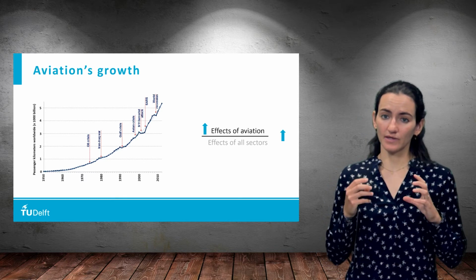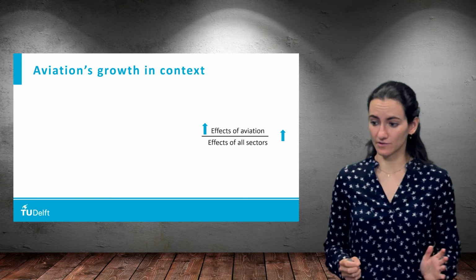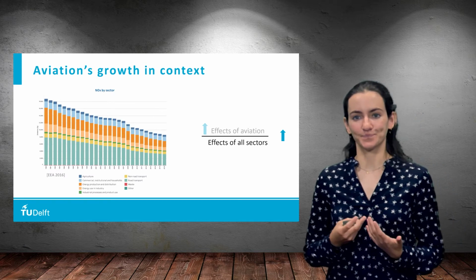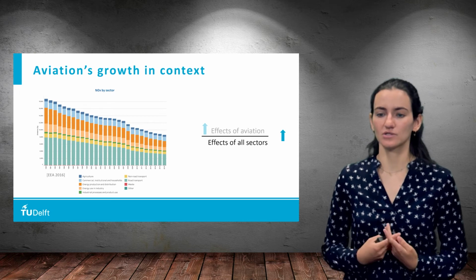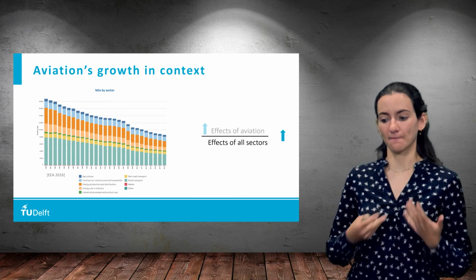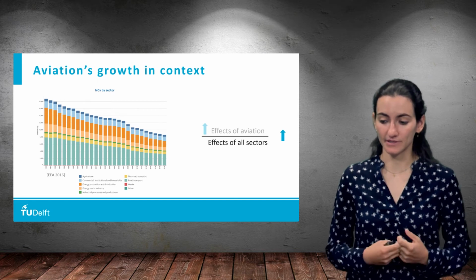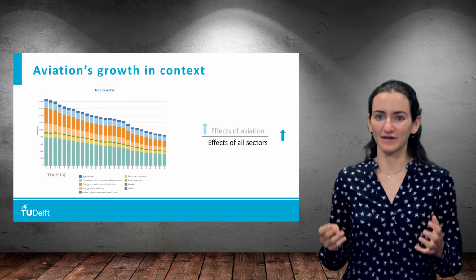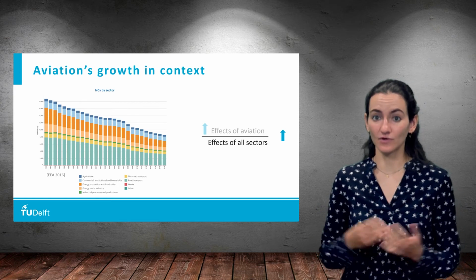Now, let's look at the denominator, the effects of all sectors. Here, you're looking at the emissions, specifically the nitrogen oxide or NOx emissions, from all sectors in Europe over the past decades. And by all sectors, I mean sectors other than aviation, given that the other sectors are currently at least the biggest contributors.